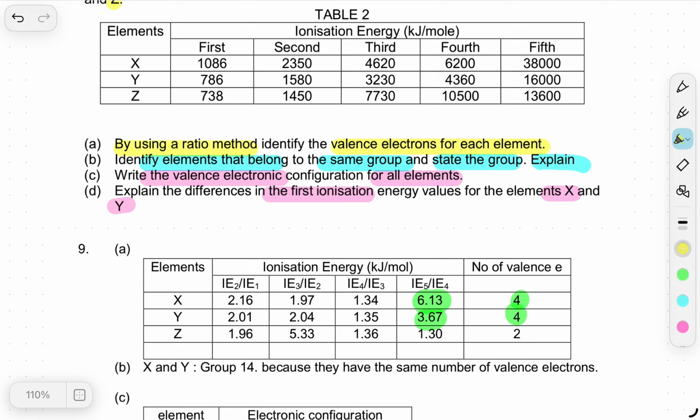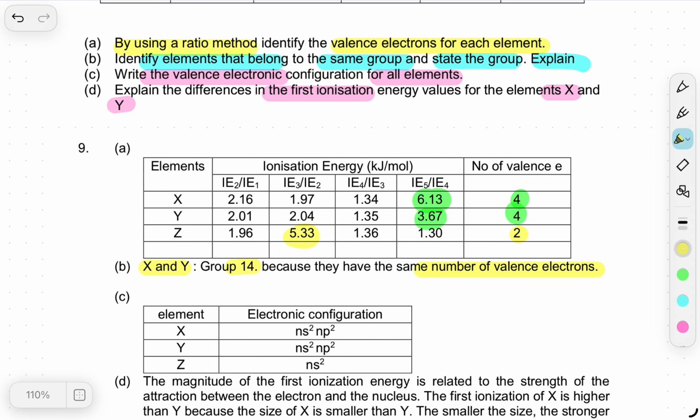And for Z, the IE3 and IE2 ratio is the highest. Therefore, we can clearly confirm that it has 2 valence electrons. Now, which two elements belong to the same group? That would definitely be X and Y, group 14, because they have the same number of valence electrons. Simple.